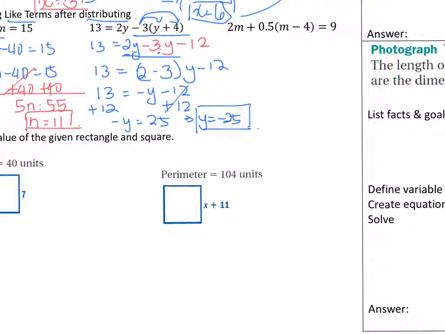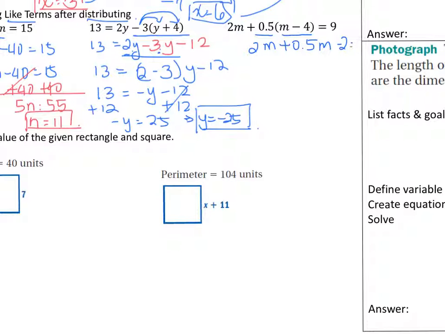And let's do this one. I need to first distribute 0.5 into the difference of m minus 4. And then 0.5 times negative 4 gives me negative 2.